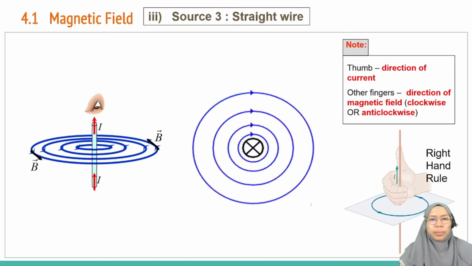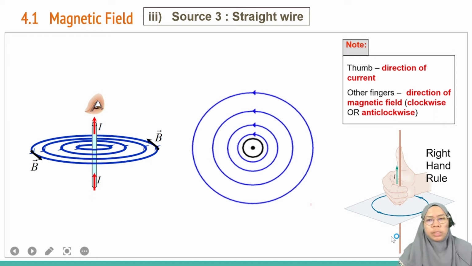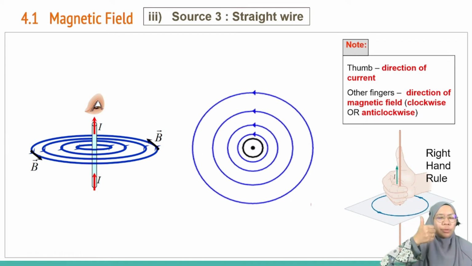How about if the current is going into the page, so we put a cross over here. Our thumb is pointing downwards, so the direction of the magnetic field is going clockwise. So we are using the right hand rule: going up, anti-clockwise; going down, clockwise.